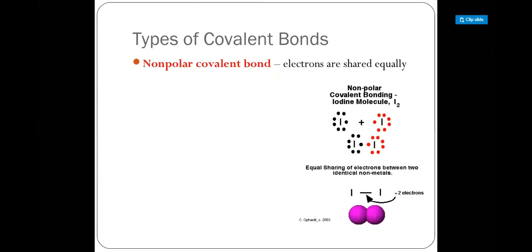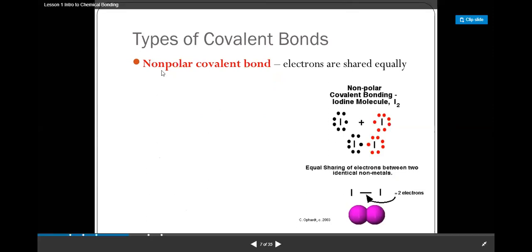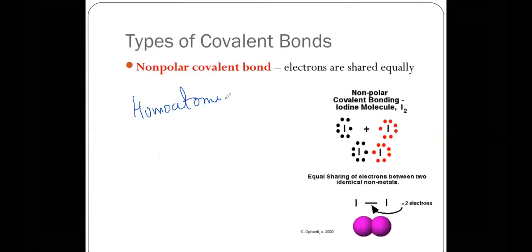Non-polar covalent bonding, as in the iodine molecule, you can see. Non-polar covalent bonds are also homoatomic bonds. What do you mean by homoatomic?